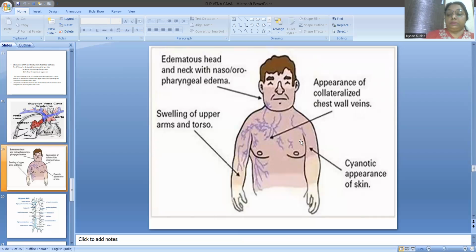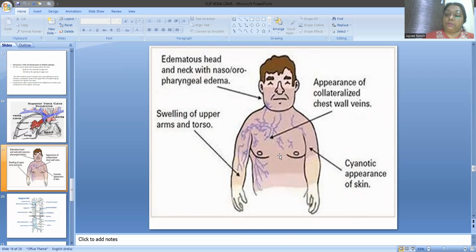Now, what are the symptoms that arise after compression of the superior vena cava? We can see all the symptoms or signs in this picture. As we know, the superior vena cava carries blood from the upper side.